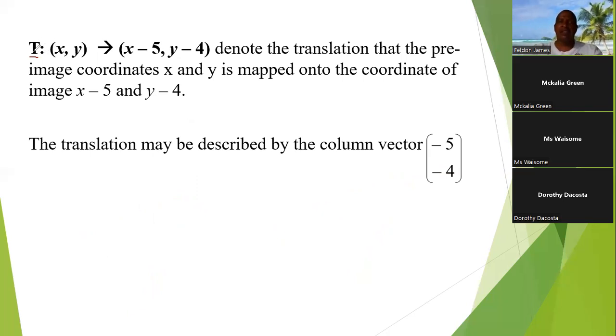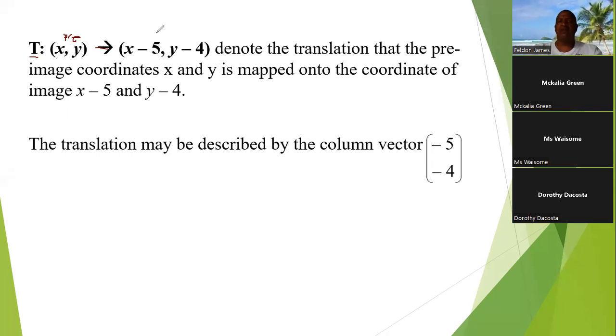So you can say T such that the coordinates of x and y, which is your pre-image, will map onto x minus 5, y minus 4.